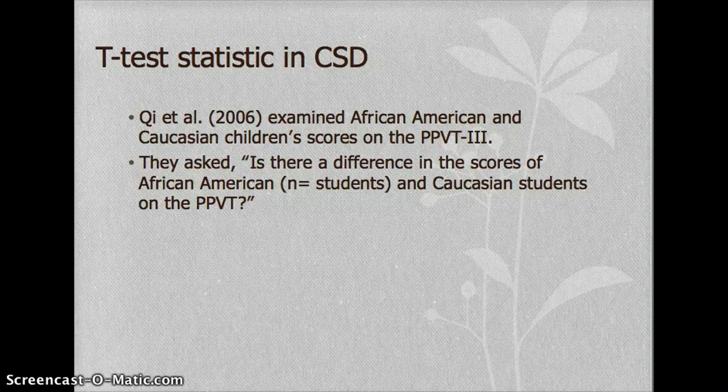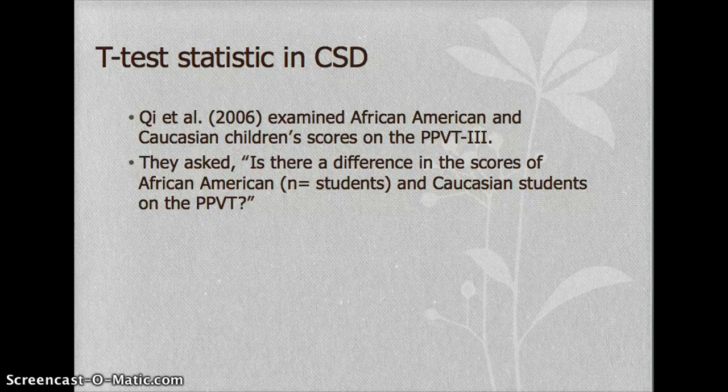So let's see an example of a t-test statistic in CSD. Okay, so this researcher examined African American and Caucasian children's scores on the Peabody Picture Vocabulary Test, and they asked, is there a difference in the scores of African American and Caucasian students on the PPVT?